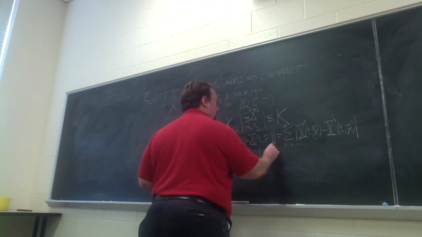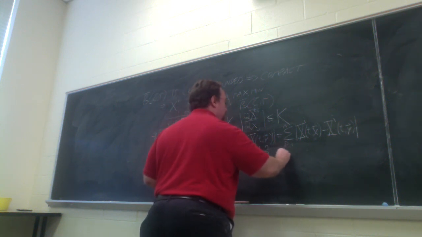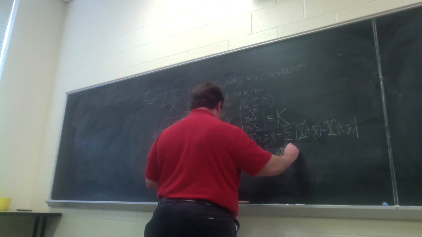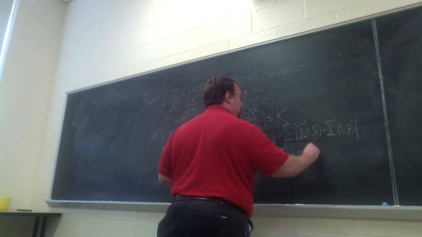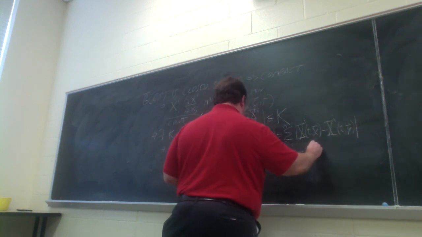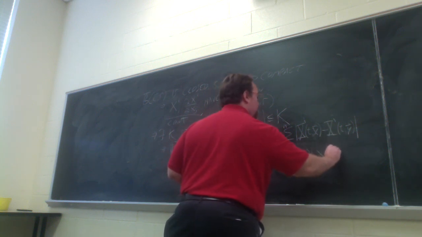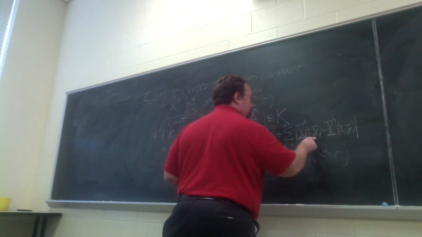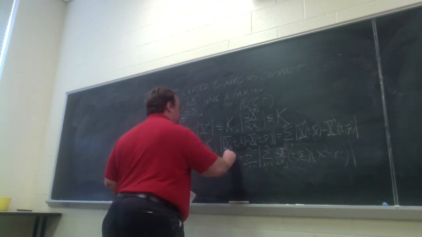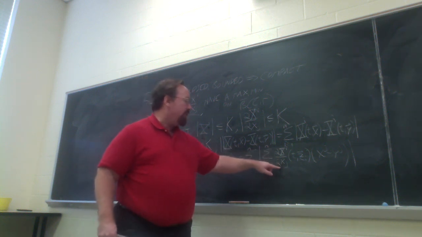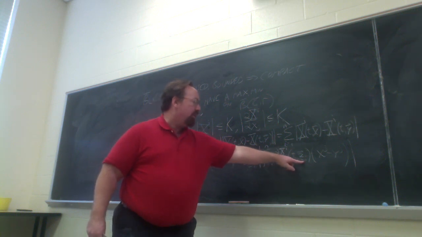So now I'm going to have a sum of the partial of big X i with respect to little x j, evaluated at some unknown point, which I'll call z i, times the difference in these arguments, at least each component, x j minus y j. So these come to be little x and little y. So all I've done is, this is the mean value theorem applied with respect to each independent variable. This is an unknown point.